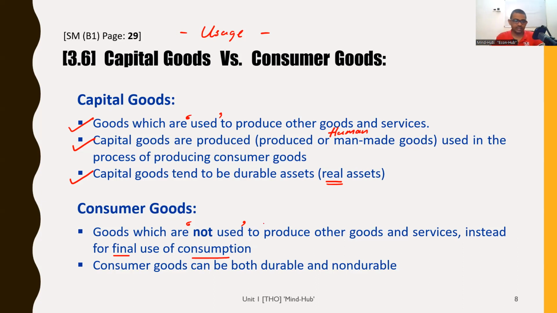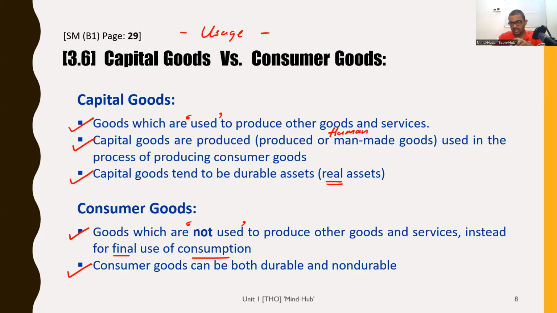Then it's complete, right? Then consumer goods can be both durable and non-durable. So we have durable consumer goods like the electronic items we use at home, the furniture we use, our personal devices, the personal vehicle we use, the bicycle you guys use. All of these are durable consumer goods.